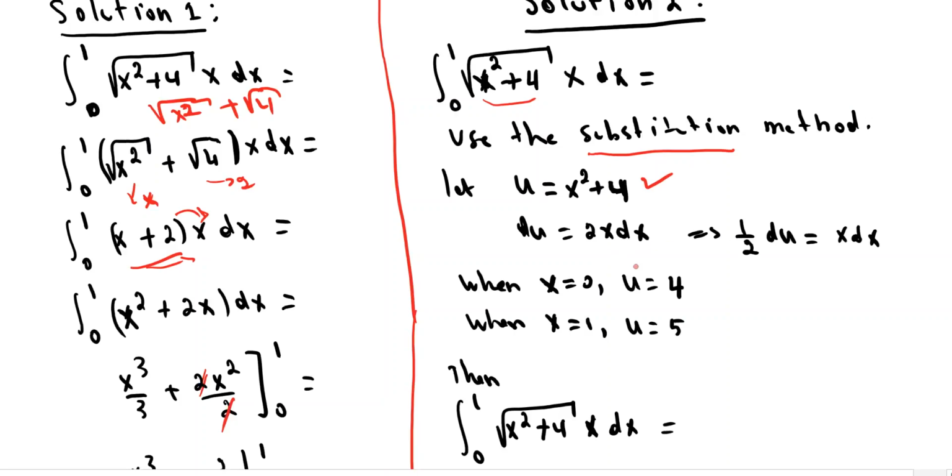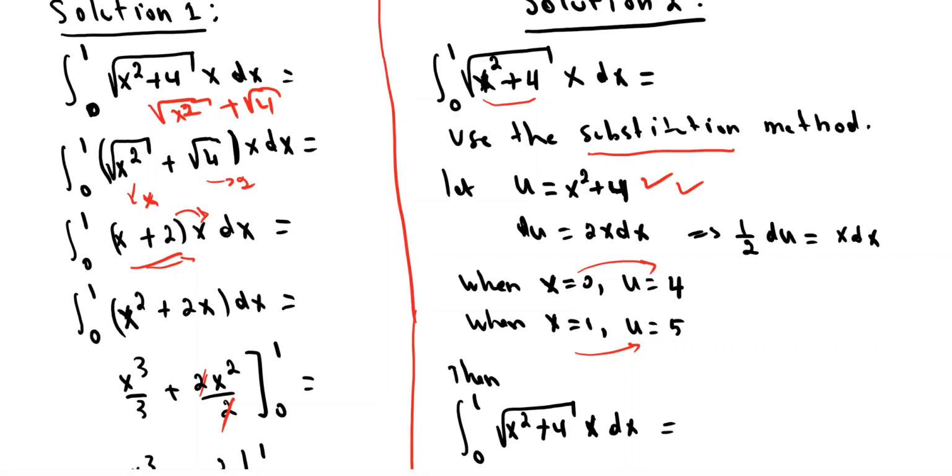Divide both sides by 2 to get 1/2 du equals x dx. So then you also change the limits of integration. So x equals 0 becomes u equals 4, and x equals 1 becomes u equals 5, using this relation u equals x squared plus 4.